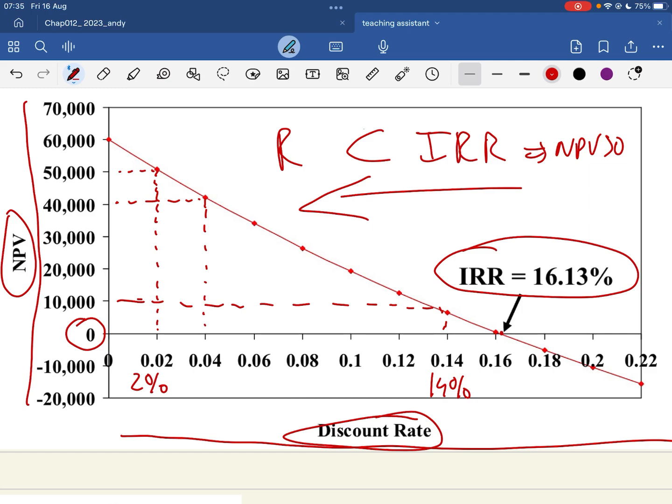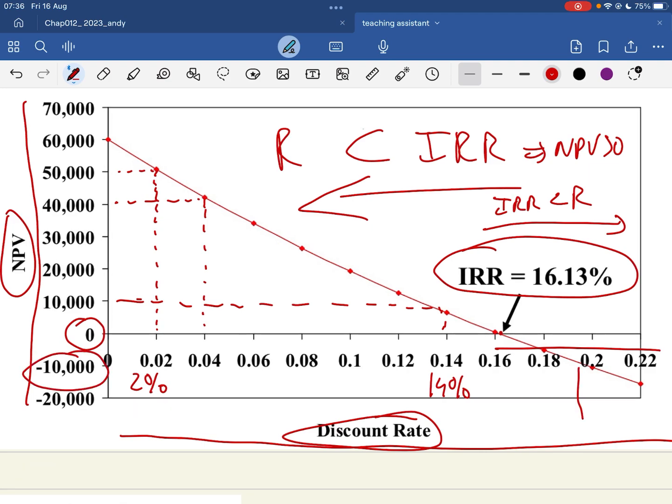Therefore, whenever the required return R, the discount rate, is smaller than the internal rate of return, the NPV will be larger than 0, and therefore we will accept the project. But if we look to the right of the IRR, where the IRR is smaller than the required return, the NPV is immediately smaller than 0, from minus 10,000 to minus 20,000. So we won't accept the project if the IRR is smaller than R.